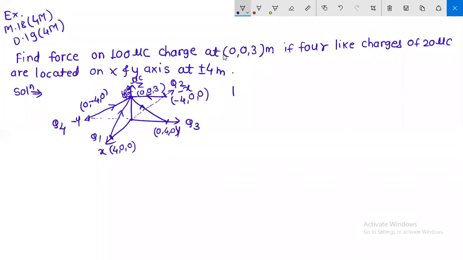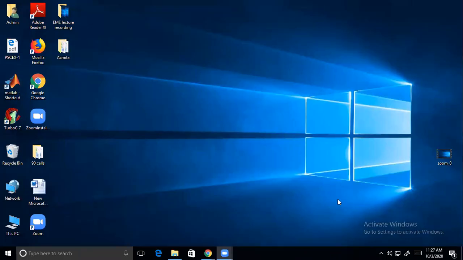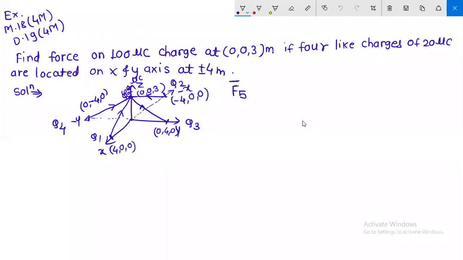So if I consider the force acting on charge Q5, that is F5 bar, is equal to, now force is acting due to charge q1, q2, q3 and q4, right? So we have to add all these forces.